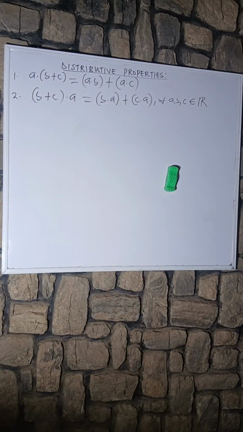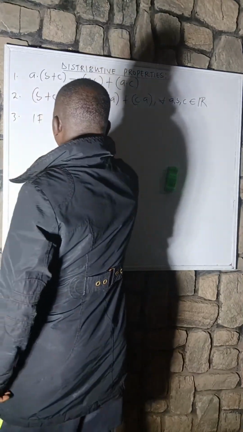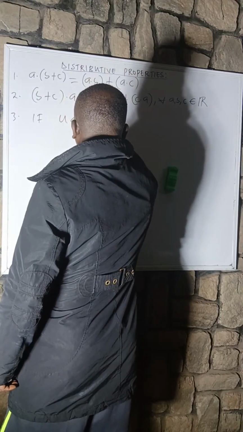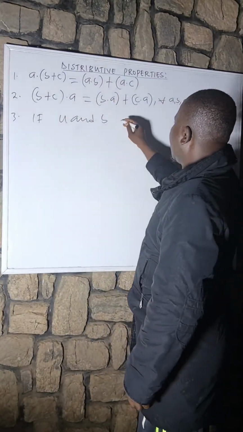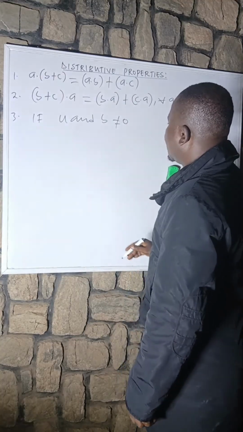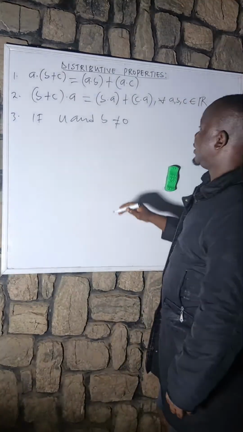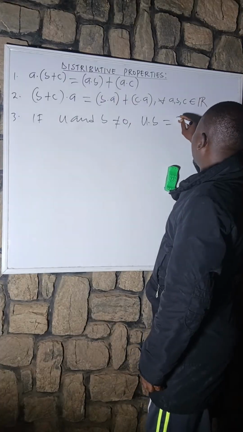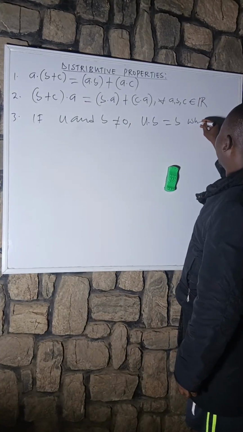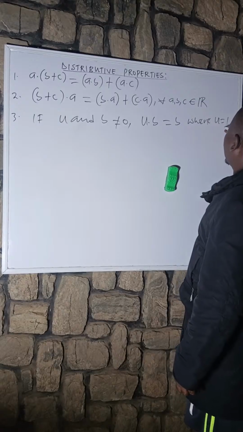The other one is, if U and B are not equal to 0, this implies that U dot B equals B, where U is equal to 1.